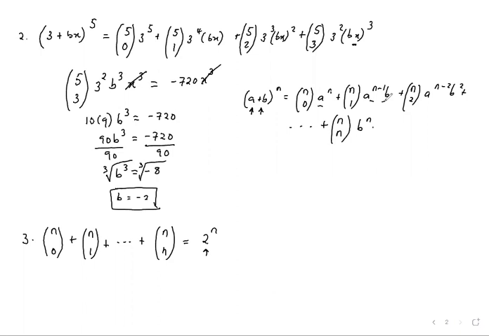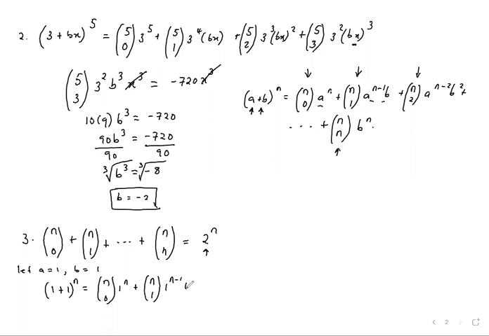Because as you can see in our proof, all the terms are there. So all we need is to say, let a be equal to 1, b be equal to 1, and deal with (1 + 1) to the power n. This will give us n choose 0, 1 to the n, n choose 1, 1 to the n minus 1, 1.